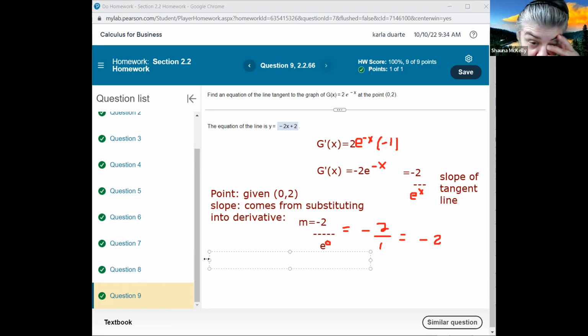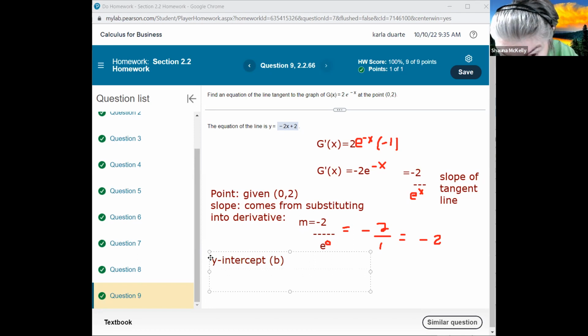I'm doing it the way that you tend to do it, not the only way there is to do it, but in this case, I need the y-intercept. So I'm going to plug in for my expression. I'm plugging it into y equals mx plus b, and I have all my pieces.